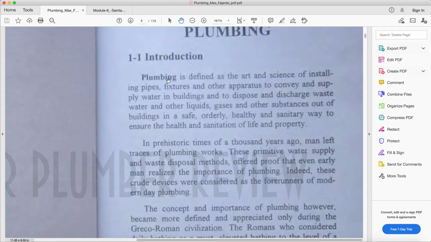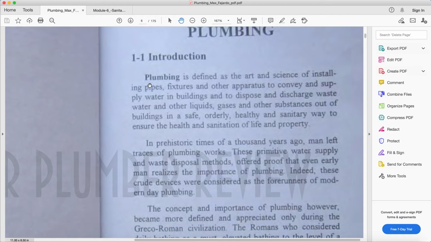I want to emphasize that plumbing is the art and science of installation of pipes, fixtures, etc. So this is the installation.